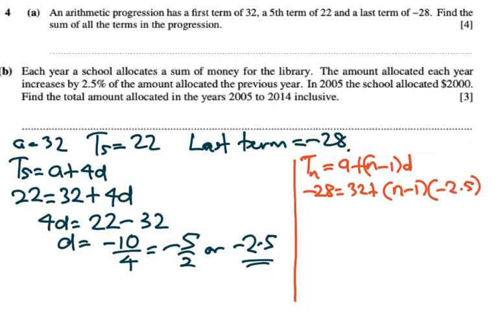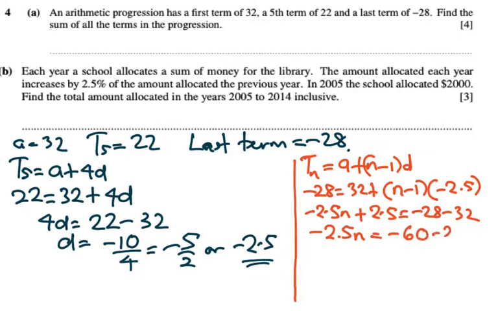Now just expand this, so you get negative 2.5 times n and then plus 2.5 equals negative 28 minus 32. Is that right? Yeah. Okay, negative 2.5 n equals negative 60 minus 2.5. So n equals negative 62.5 divided by negative 2.5, and the answer is 25.